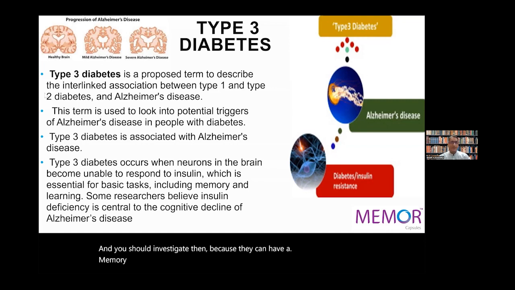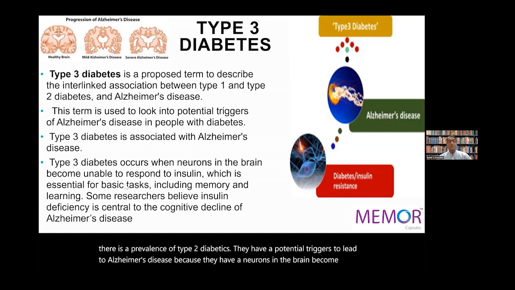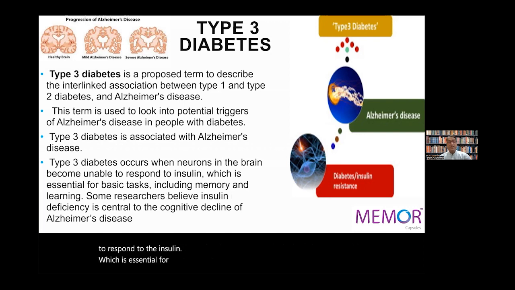They can lead to Alzheimer's disease. Type 3 diabetes is a proposed term to describe the interlinked association between type 1 and type 2 diabetes and Alzheimer's disease. So they found there is a prevalence of type 2 diabetics having potential triggers to lead to Alzheimer's disease, because neurons in the brain become unable to respond to insulin, which is essential for basic tasks including memory and learning.